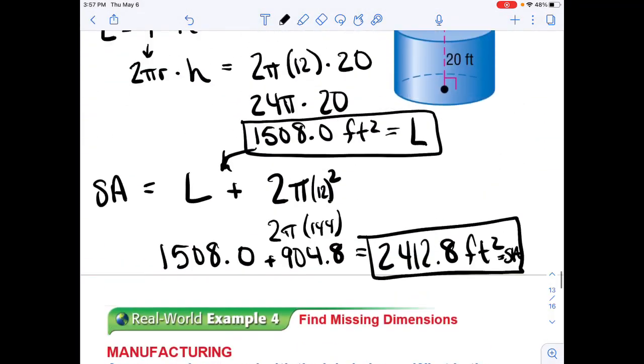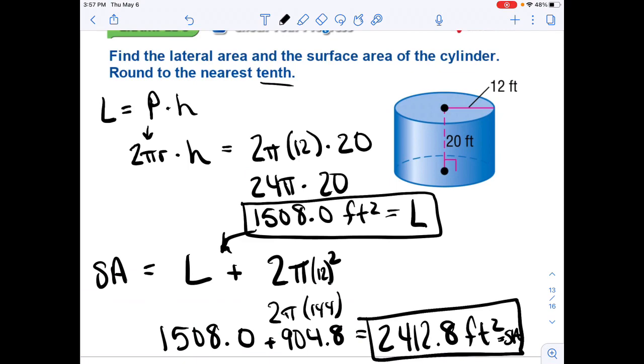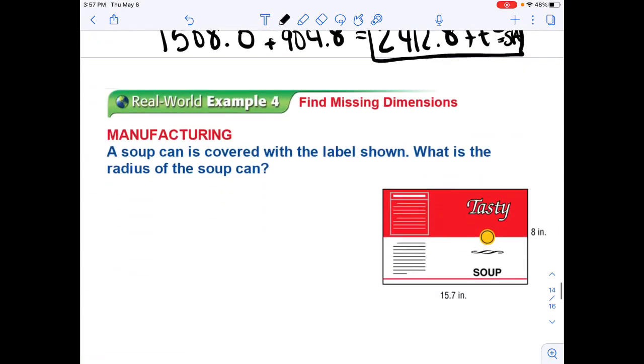Okay? So that is lateral area, that is surface area.